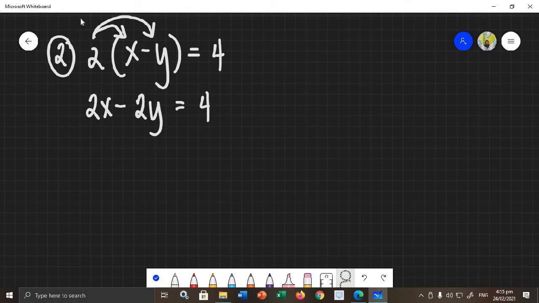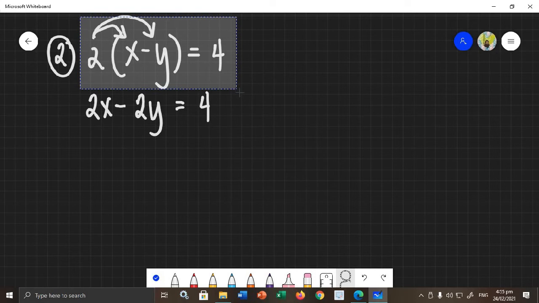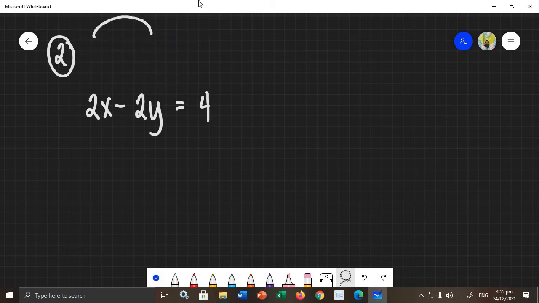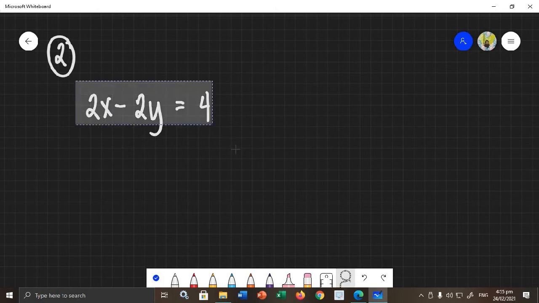Okay, tapos, right after natin ma-distribute, you're going to use yung answer mo for you to graph. I mean, i-disregard nyo na yung given, and yung gagamitin nyo na given is yung nakuha nyong equation right after nyo distribute yung 2 to the terms inside the parentheses.